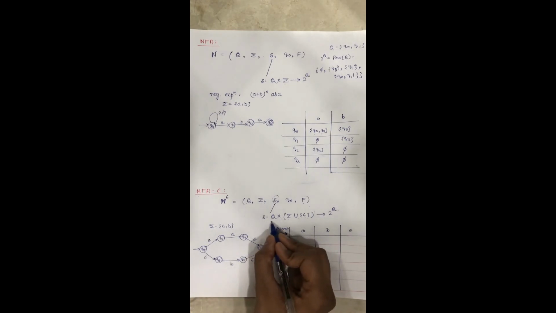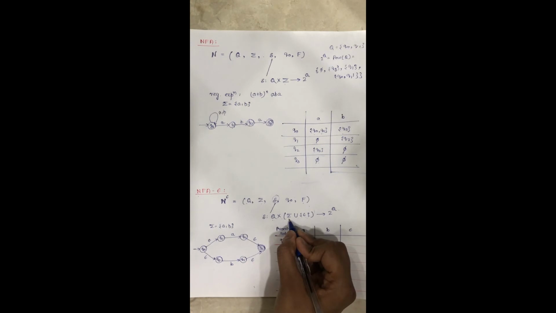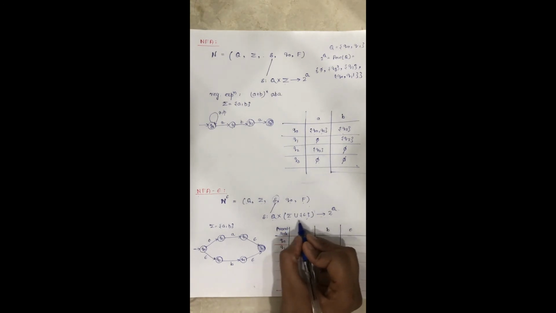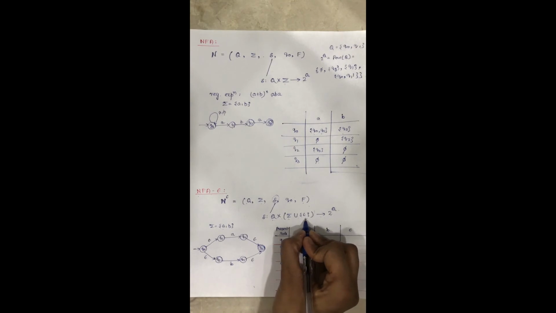So it shows that from the current state, for the current input symbol or epsilon move, we will move to any of the members of the power set of Q. Right, so the difference is that the transition will be marked either with symbols from the alphabet or using epsilon.